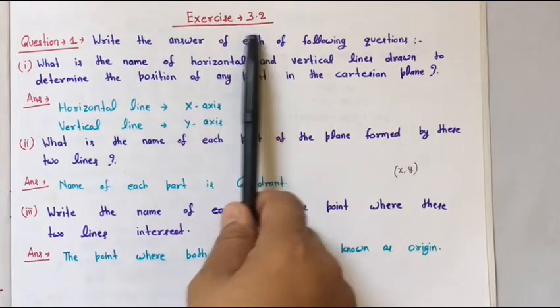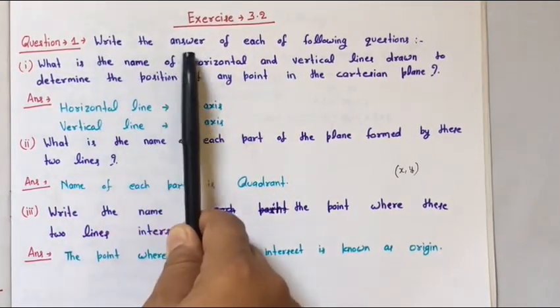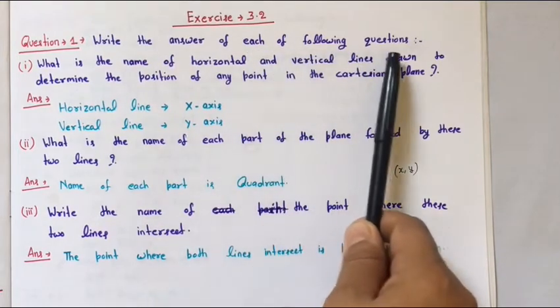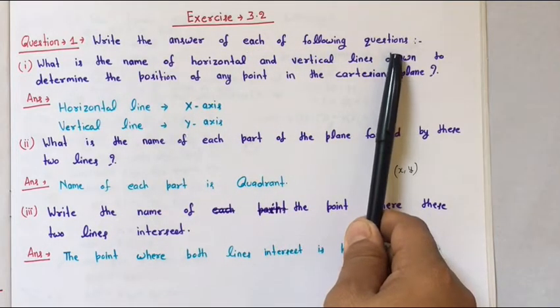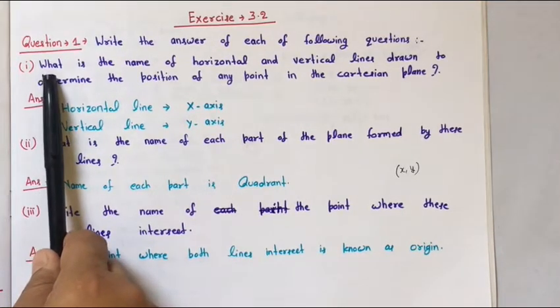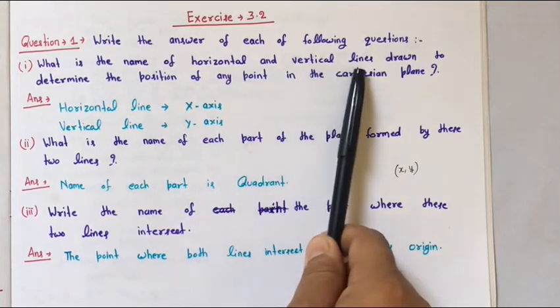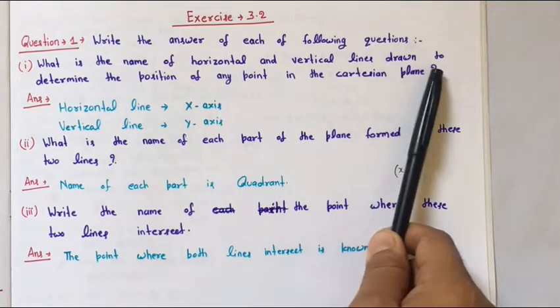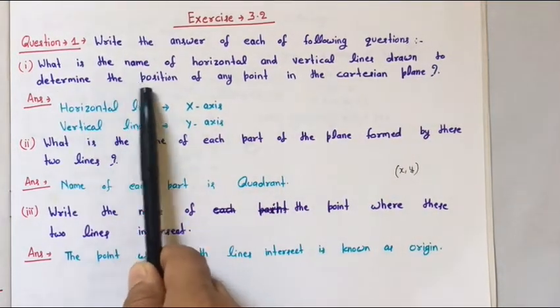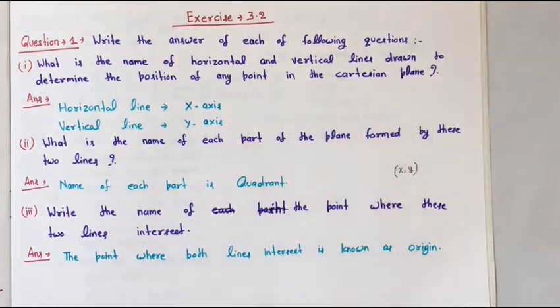In exercise 3.2, our first question is: write the answer of each of the following questions. First question is, what is the name of the horizontal and vertical lines drawn to determine the position of any point in the Cartesian plane? You know it very well.